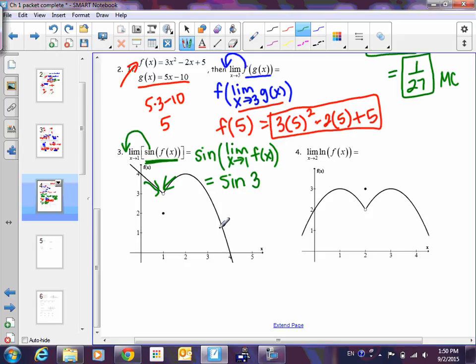And if this is non-calculator stuff, you can't go any further than that. That's not an exact value you could even compute. If you had a calculator, you would just type it in and get a decimal, if that was multiple choice. But this is fine to stop right here. Okay, I want you to try to do 4 on your own.